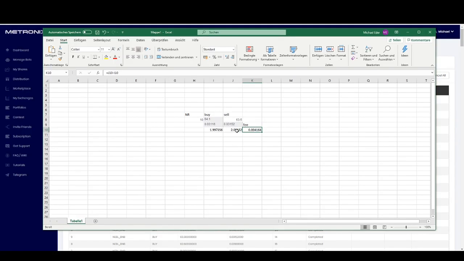So and you can see here what also happened. This was my buy amount, and now I subtract the sell amount. So with every round I make 0.6 Niblio.